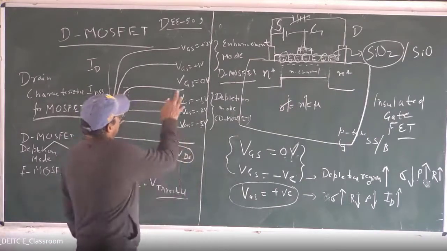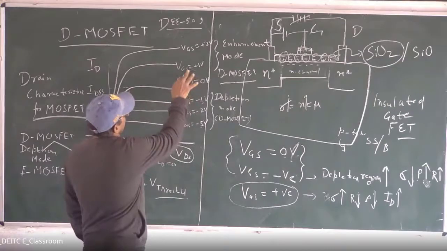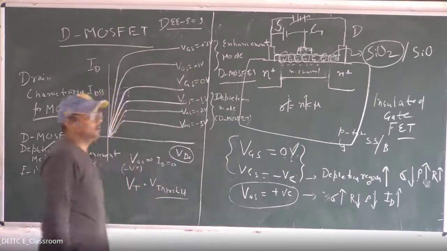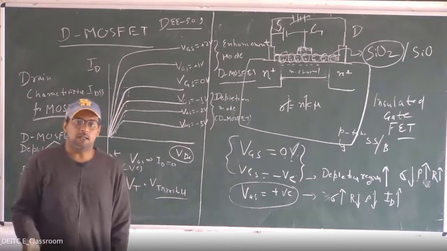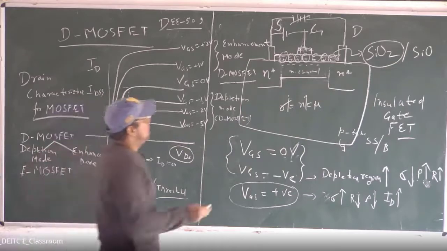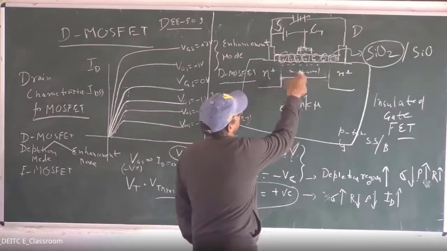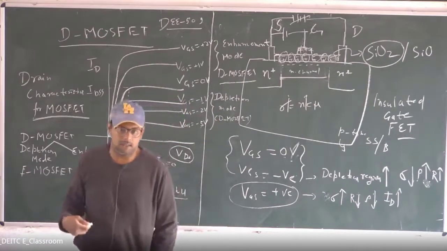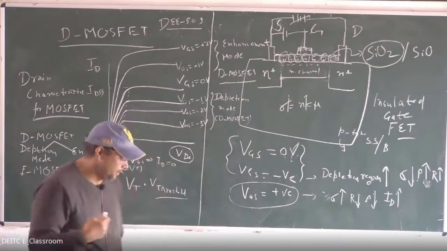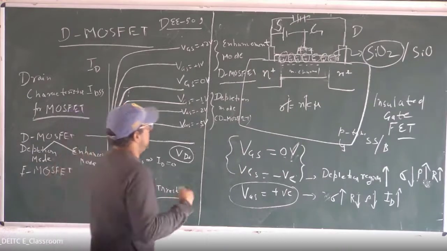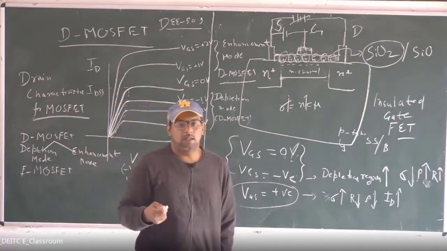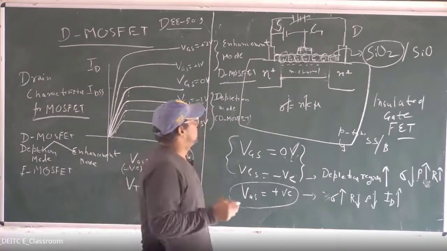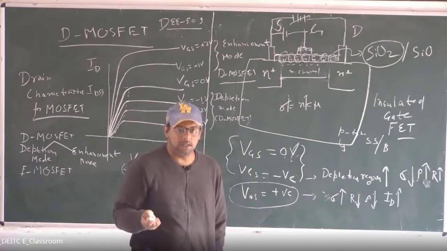And here you can understand this VGS equal to 0 volt, VGS equal to plus 1 volt, and VGS equal to plus 2 volt. So if we are increasing the voltage, then we are increasing the conductivity by inducing more negative charges inside the N channel. And if I am inducing more negative charges inside the N channel, then definitely the conductivity of the channel will increase. Why?